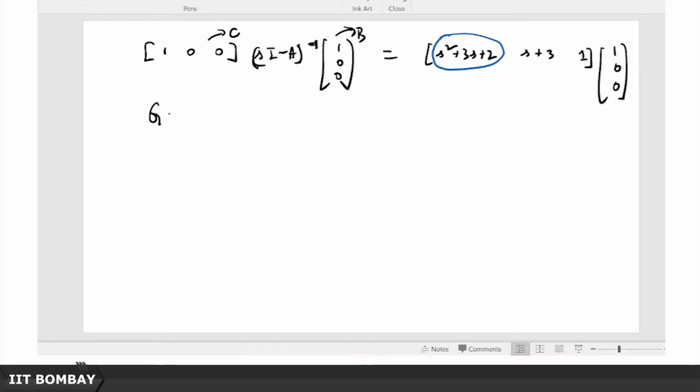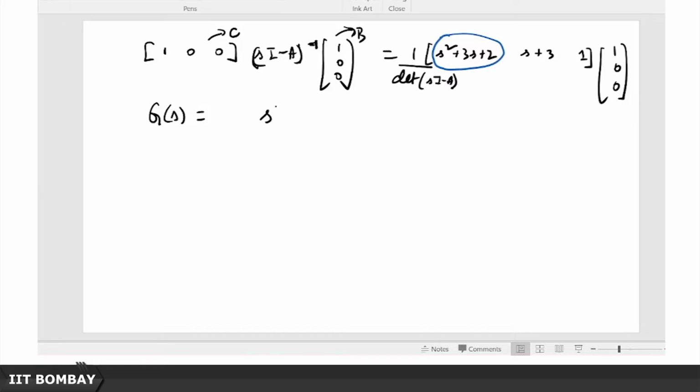So therefore you see that this G(S) comes out to be, oh of course I have to still write that determinant of SI minus A, I shouldn't miss that. Because of want of space I didn't write that whole cubic expression here.